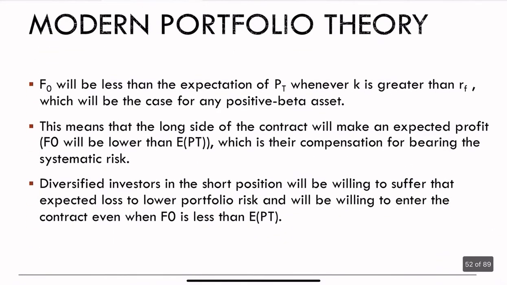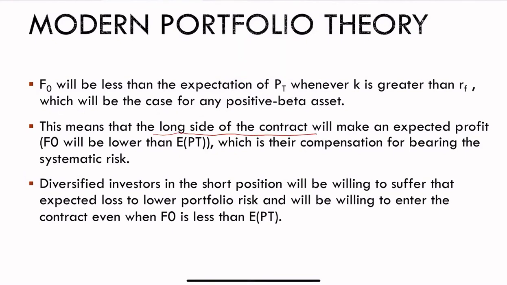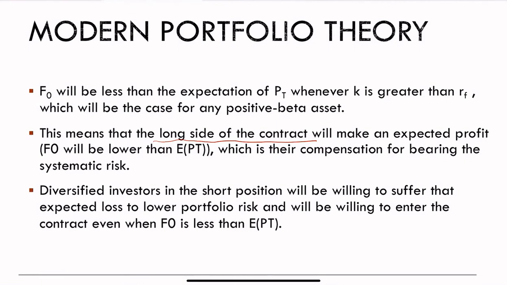So how do you understand this? Well, basically, you can imagine that if you're taking the long side of this contract, and this underlying asset has systematic risk, then because you're taking the long side, you should get compensation for bearing this systematic risk. So obviously, you have to get some profit as compensation. So the futures price should be smaller than the expected spot price.